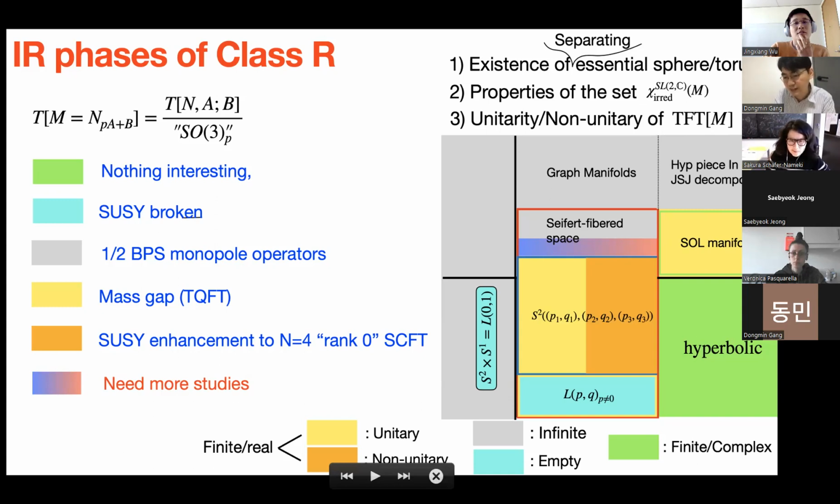Actually, this hyperbolic piece is much bigger than the non-hyperbolic piece. But this piece is also very large, and we need more studies, and we still don't know exactly what is going on in that case. I'm going to explain what that case is that needs more studies.